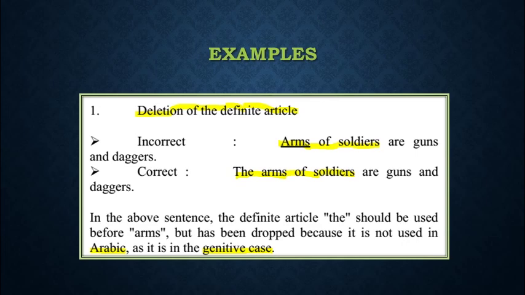So this is what happened here. It's "the book of Ahmed," not "book of Ahmed," though in Arabic it is كتاب أحمد, غطاء الطاولة. In English, "the book of Ahmed" and "the cover of the table." So this is the difference, the cause of the error of the deletion of the definite article.